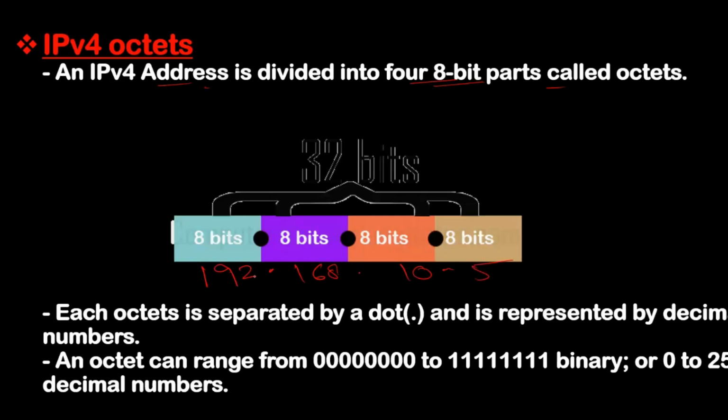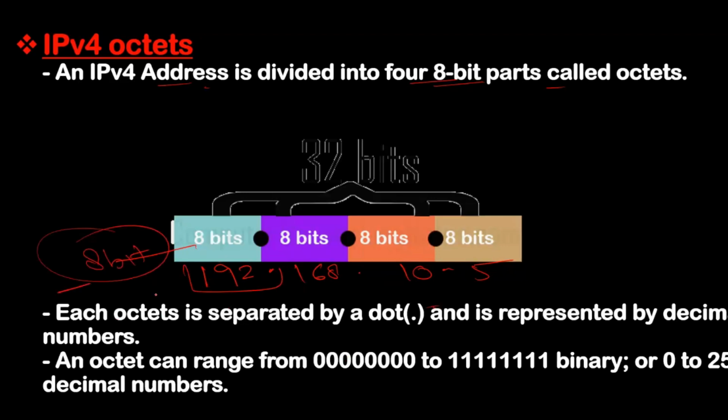Here you can see we have four fields, and each field is separated by a dot, and the size of a single field is 8 bit.